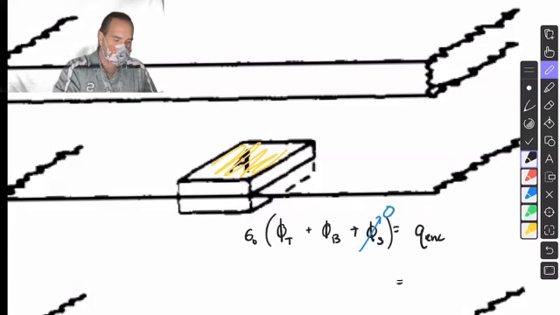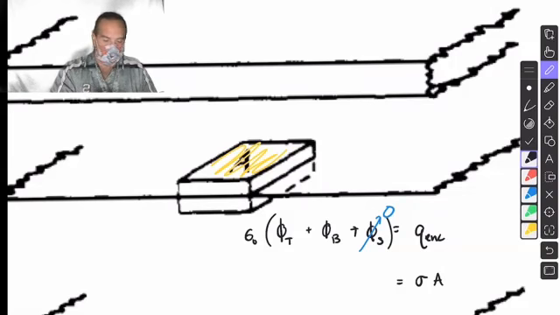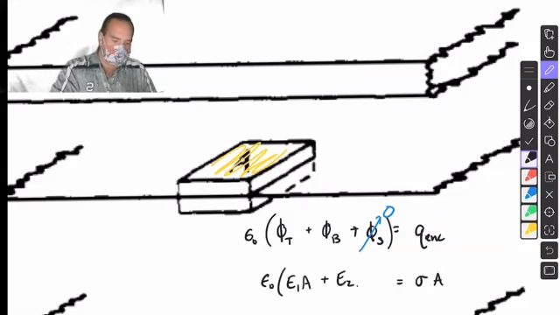Q enclosed is going to be sigma A. Flux for the top is going to be E1 A, and flux for the bottom, E2 A. I don't know what they're driving at with this problem, which is why I gave it to us. It seems weird, but our answer is going to be epsilon naught times E1 plus E2 equals sigma.